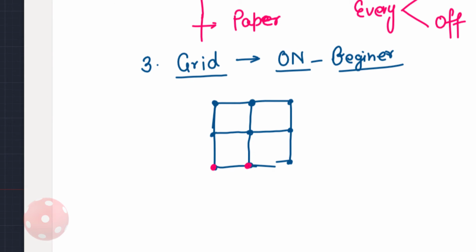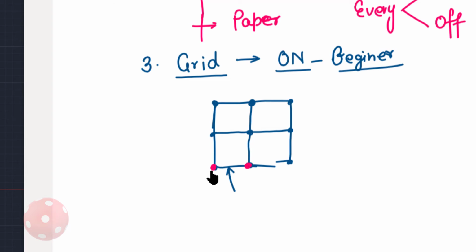It means your cursor will be moving from this point to this point, and you will not be able to go on this line. Your cursor will go from this red point to this red point. It means your cursor will be jumping from here to here directly. It will not go to this line.